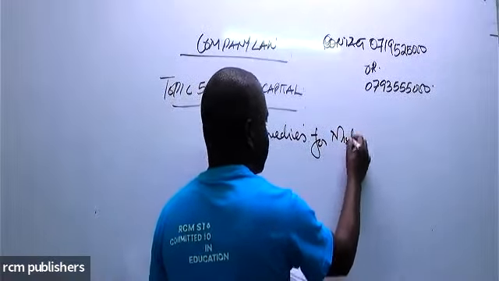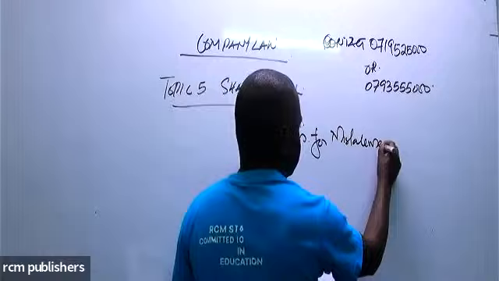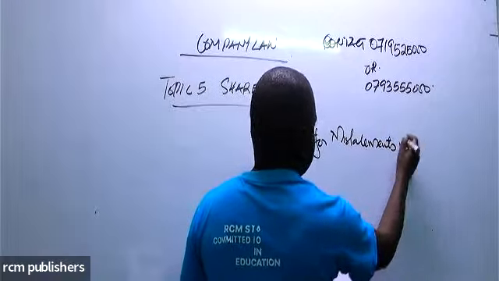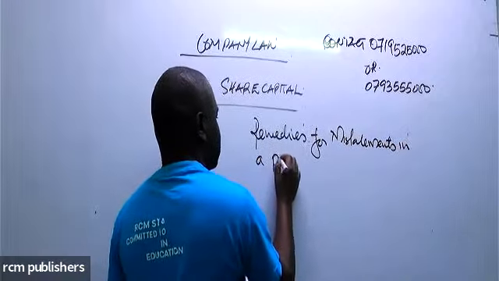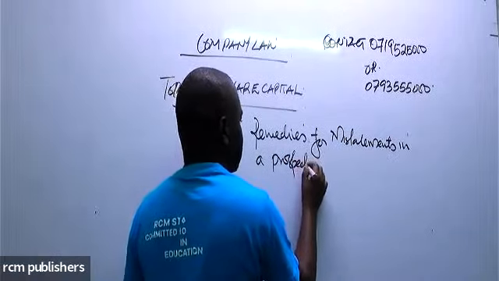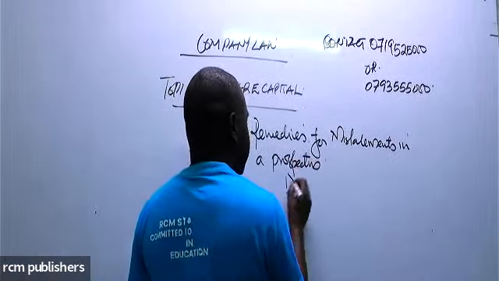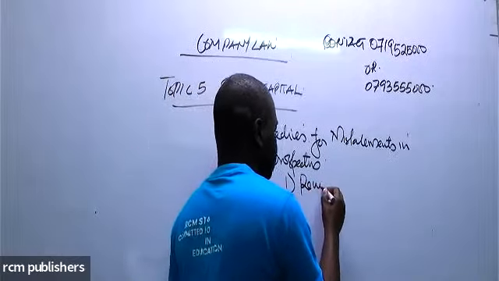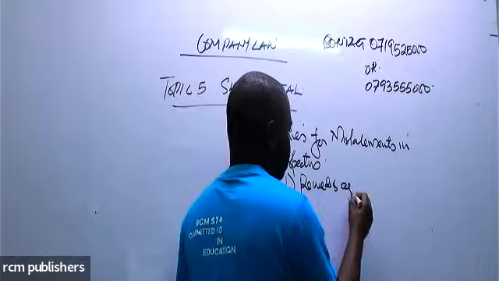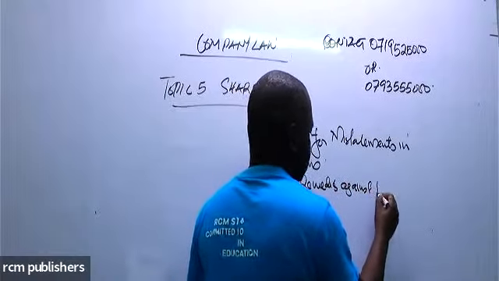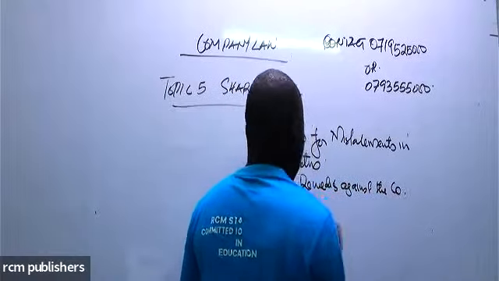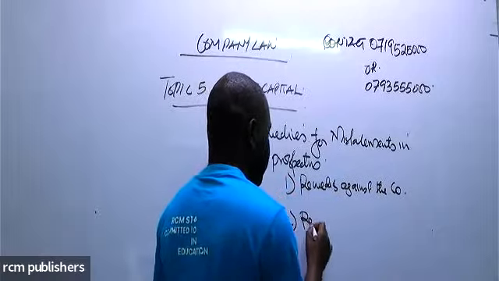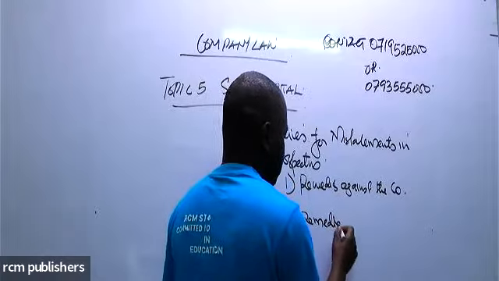Statements in the prospectus. So these remedies can be categorized into two. You can have remedies against the company, and remedies against directors, promoters, or experts.